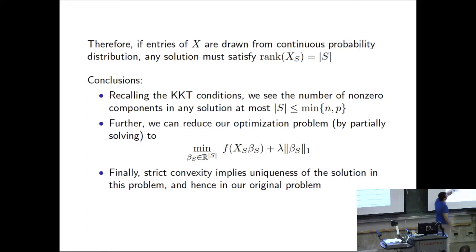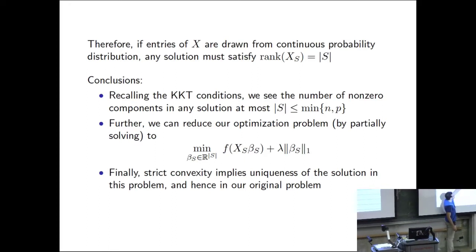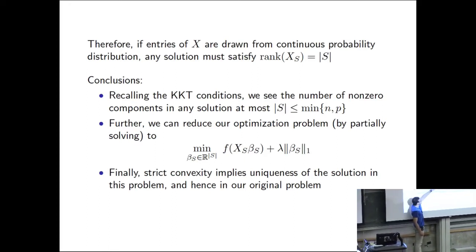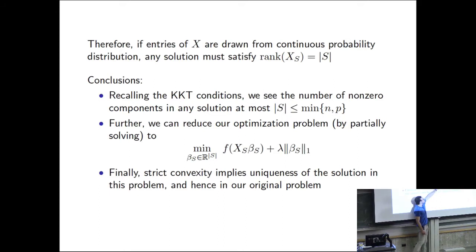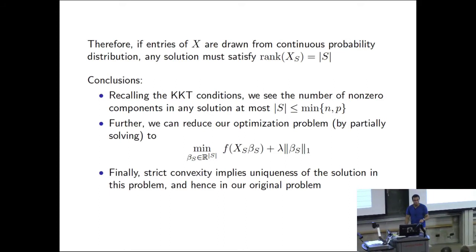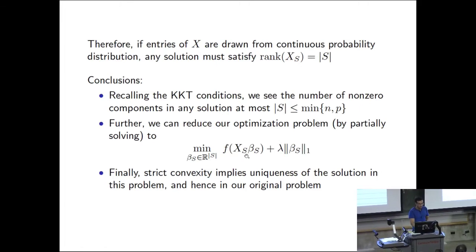So this is our partially optimized problem over just beta S. And because this has linearly independent columns, this entire problem is actually strictly convex in beta S. Right? Because if we, for example, were to take 2 derivatives, we can see that.